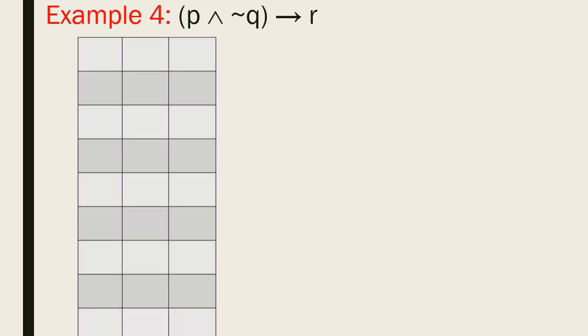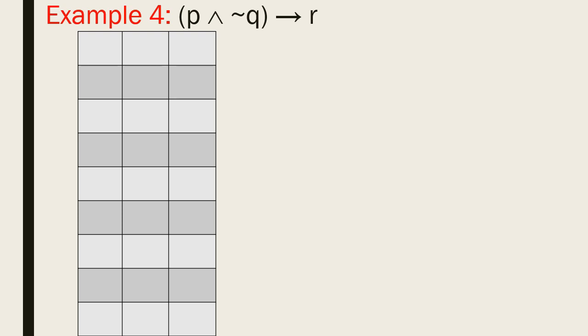Example 4: P and not Q implies R. Or, if P and not Q, then R. Since we have three propositions here, P, Q, and R, 2 to the third power equals 8, so we can determine the number of rows.